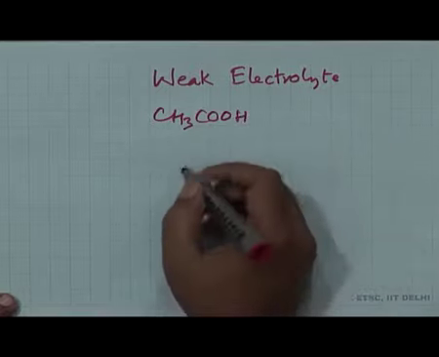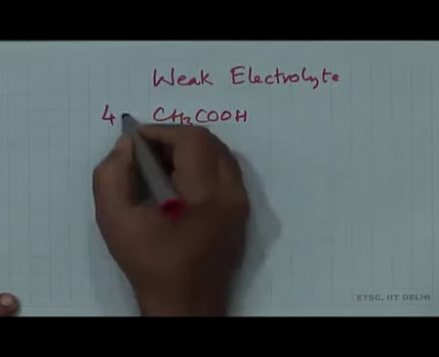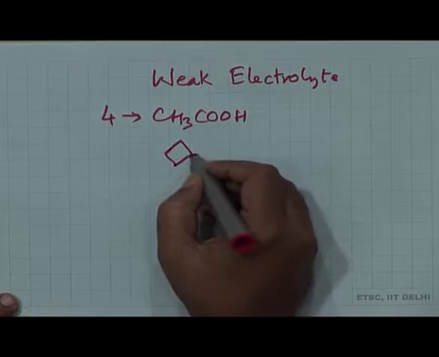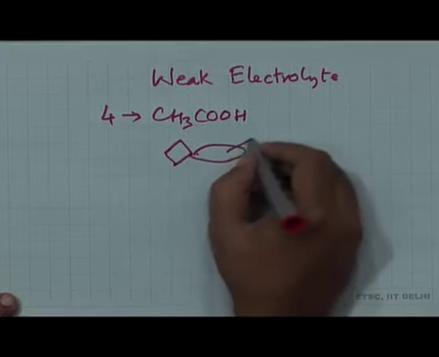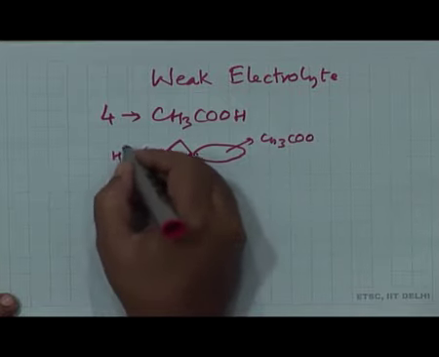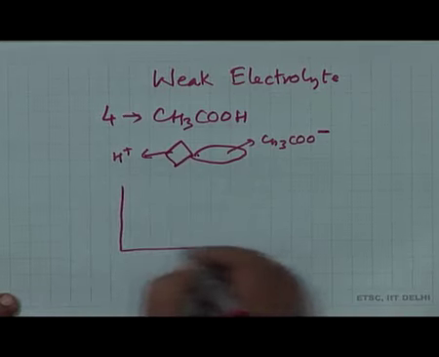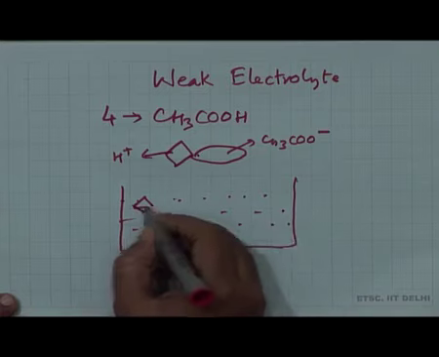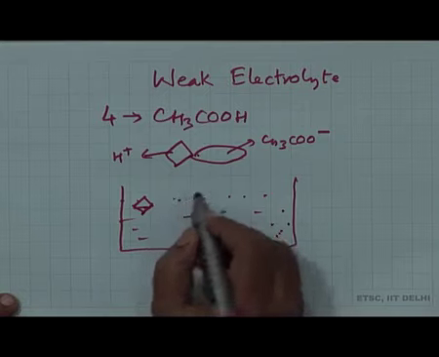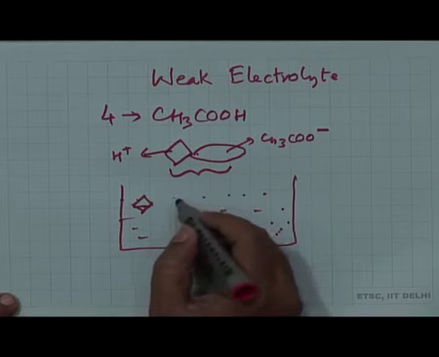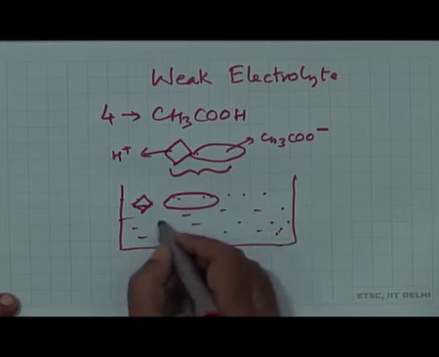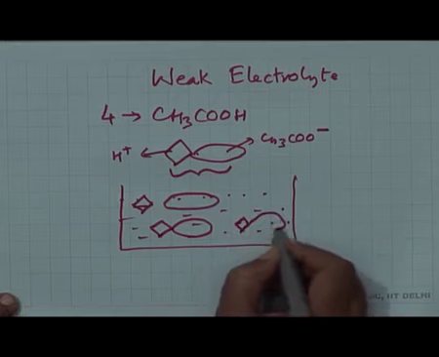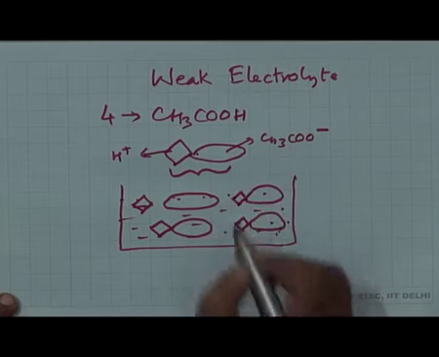If I take 4 molecules of acetic acid, with the acetate ion CH3COO and H plus, and put this in water, only a few molecules of acetic acid will dissociate, others will remain as undissociated molecules.